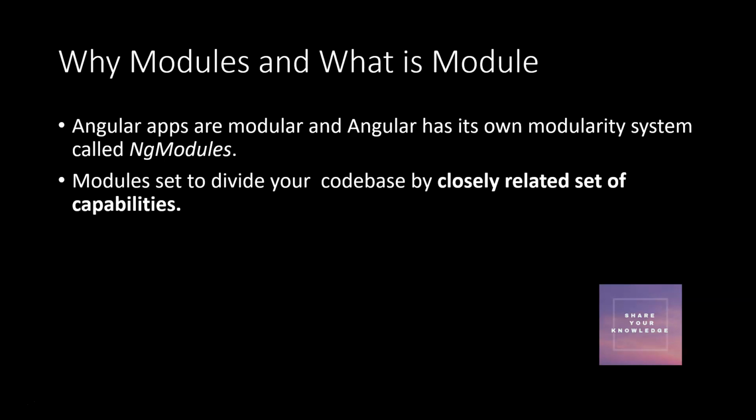So modules help you divide your code base based on functionalities. It will be easier for any person to read through, and it will also give you benefits like lazy loading. We will see it in the coming slides.